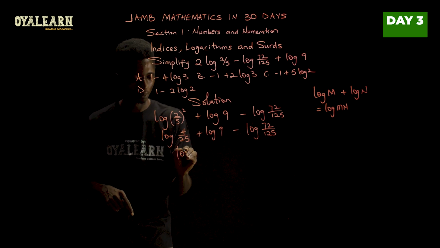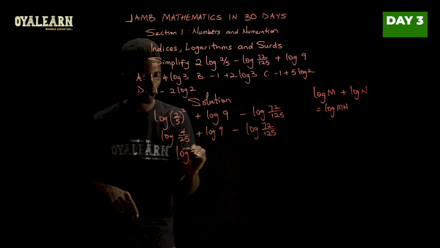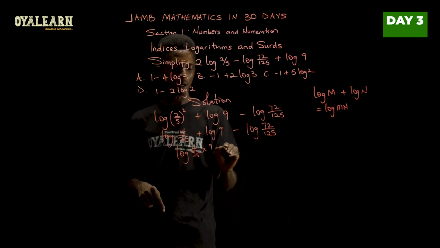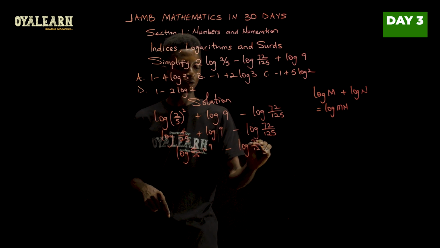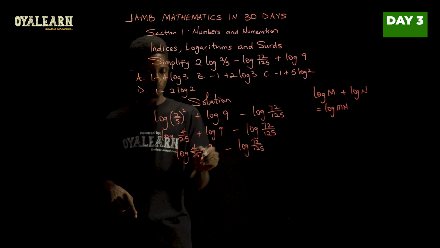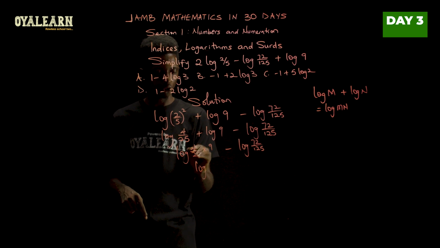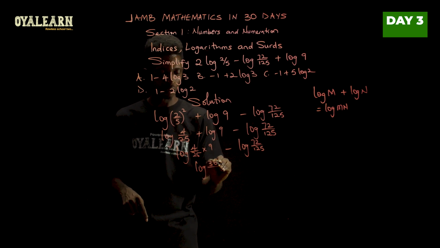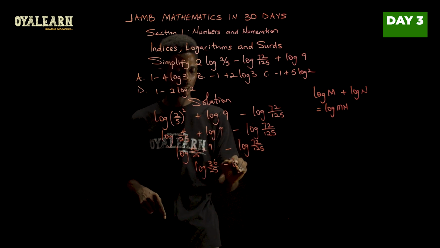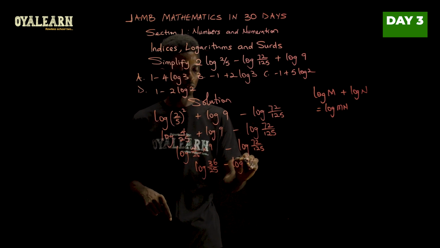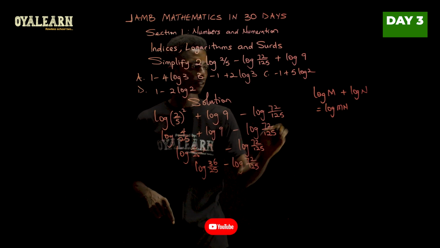So now we just keep log, and then we have 4 over 25 times 9. Now minus log 72 over 125. Now when we multiply this, we're going to have log of 36 over 25 minus log of 72 over 125.